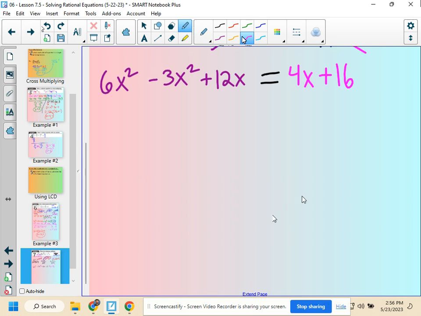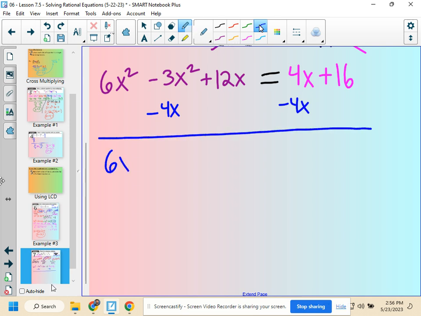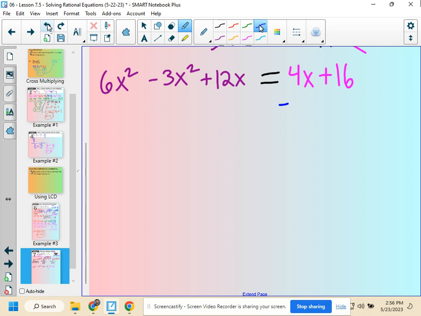Let's bring everything over to the left side. So we're going to subtract a 4x. Whoops, wrong spot, sorry. Got to start all the way over there. That's what I was getting a little bit nervous about, but I wasn't paying very close attention. I'm actually going to bring these two together here.